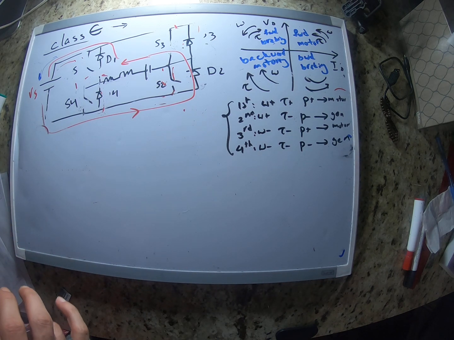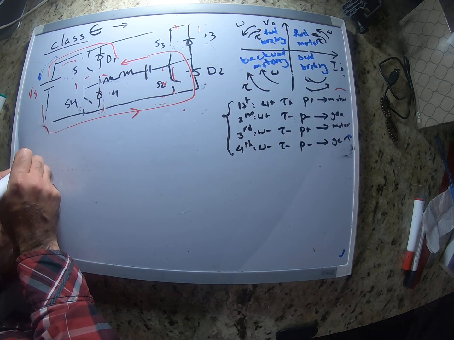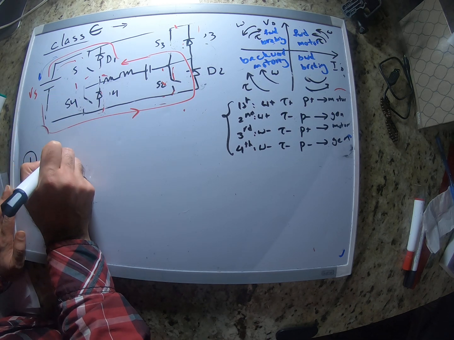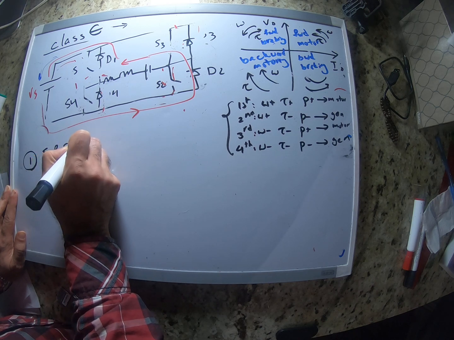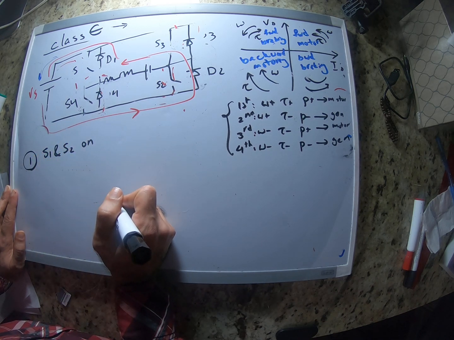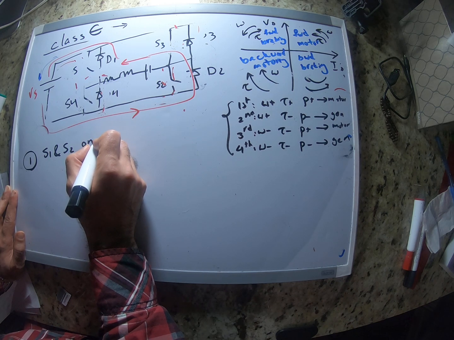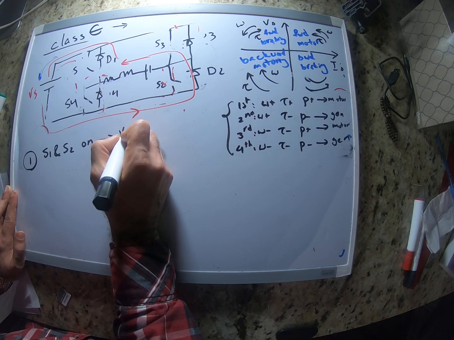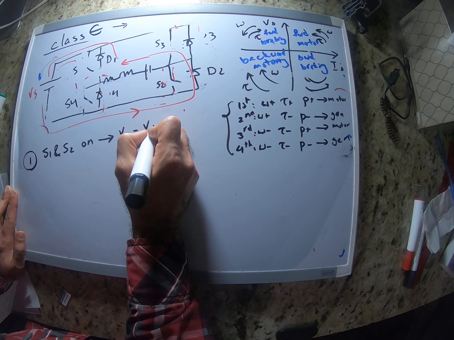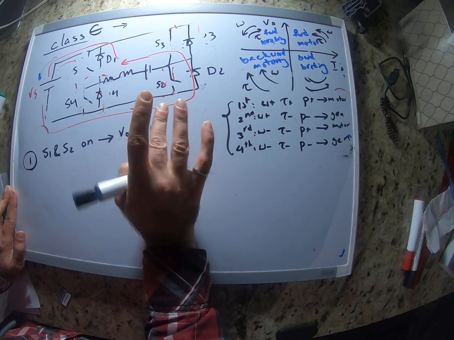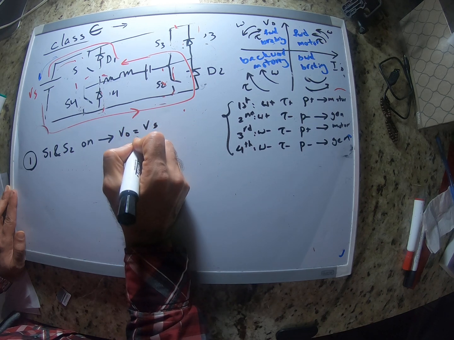So let's assume that first we have switch 1 and switch 2 on. When switch 1 and switch 2 are on, we already saw that VO is going to be equal to VDC, Vs, and the current is going to increase.